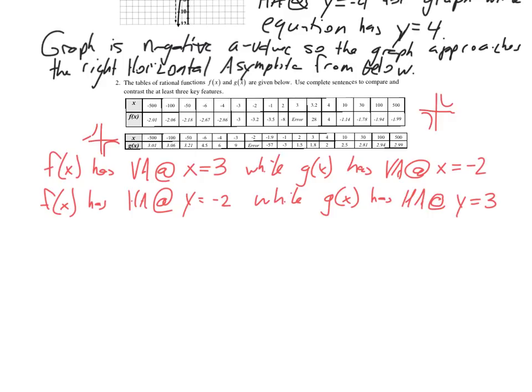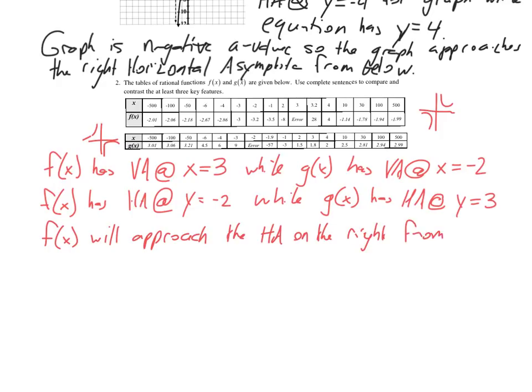So this is where I wanted you to practice that phrase that we just talked about in the above part. F of x will approach, so try writing this sentence, the horizontal asymptote on the right from above because the a value is positive.